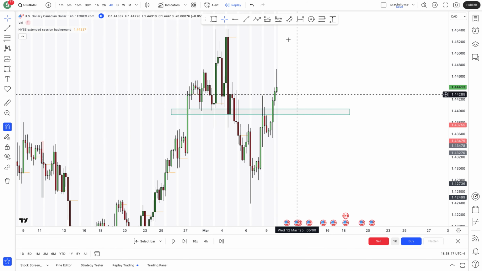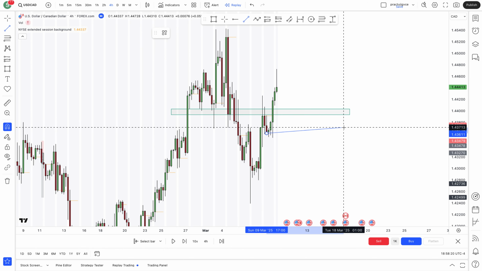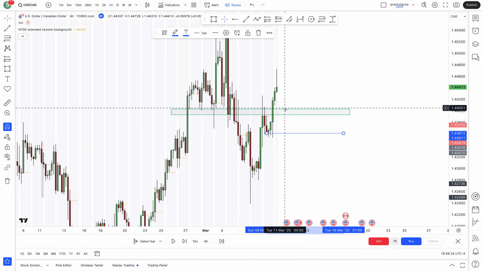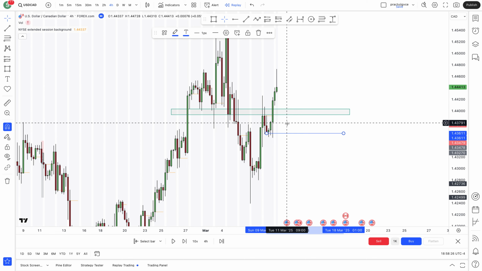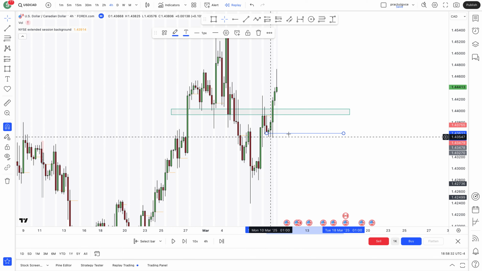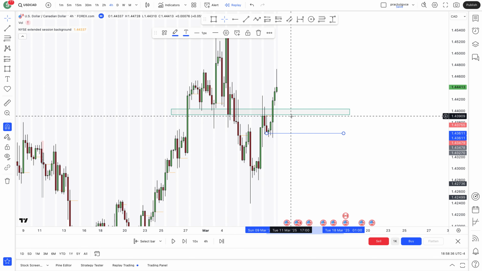But right here, we have this low, which we can use as an invalidation point because we're expecting price to bounce here. Sometimes price comes a little bit lower, like this, still ends up bouncing. But we could assume that if price comes all the way down to this low, then we're obviously not bouncing at this support zone and the trade is invalidated.